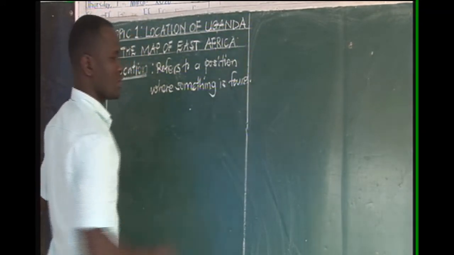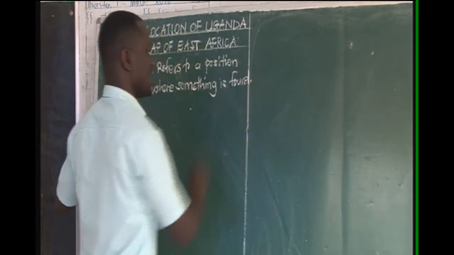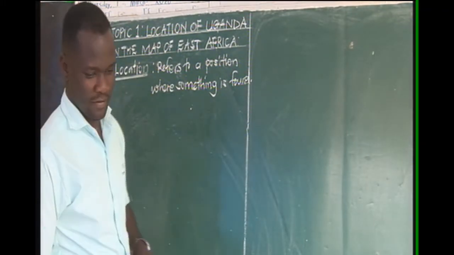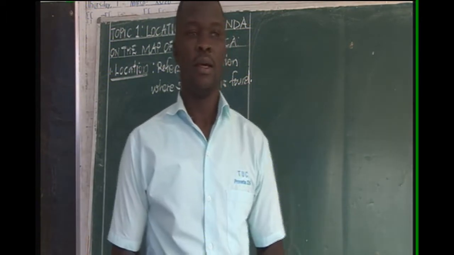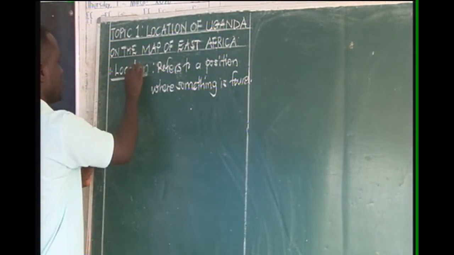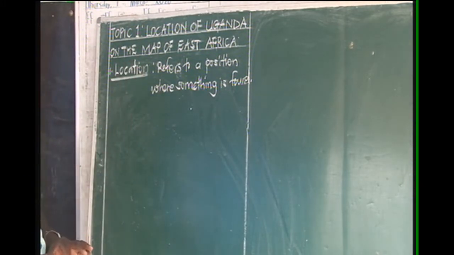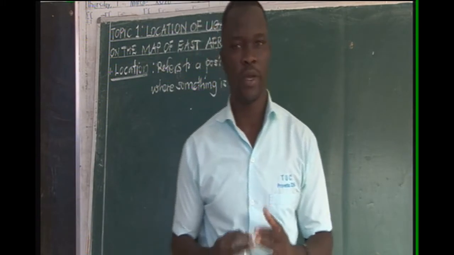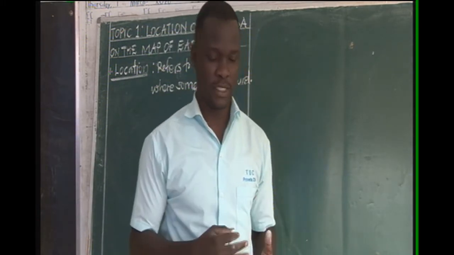Which means we are going to look at where do we find Uganda, and we are saying we are locating Uganda from East Africa. So that is the first definition that we have given in our lesson. The term location refers to a position where something is found.